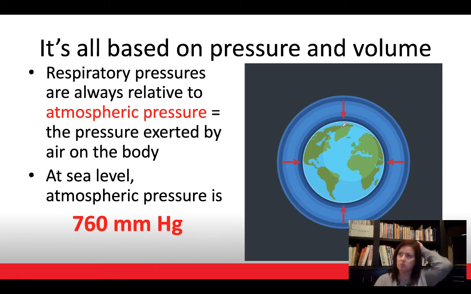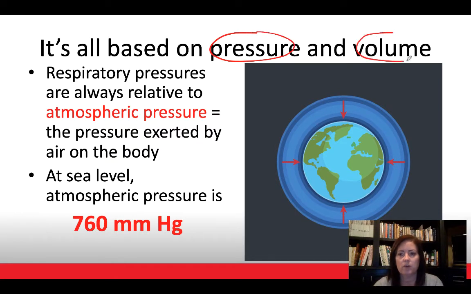So breathing, or this pulmonary ventilation, is all based on two things: pressure and volume. Okay, so we're going to talk about how this relates to the lungs. One thing to keep in mind is that when we talk about respiratory pressures, they're always relative to atmospheric pressure, which is basically the pressure of the air around you in the atmosphere pushing down on you and everything around you.